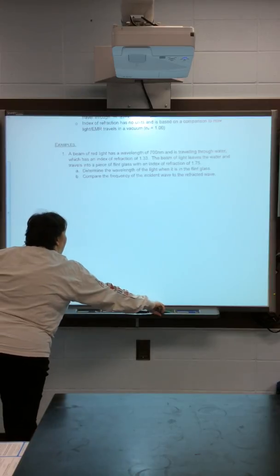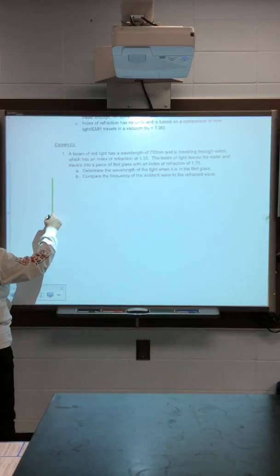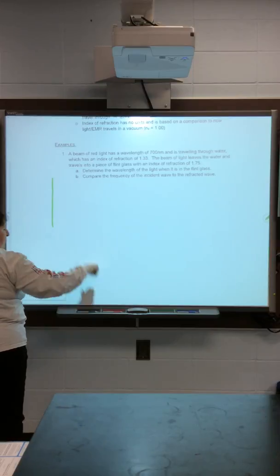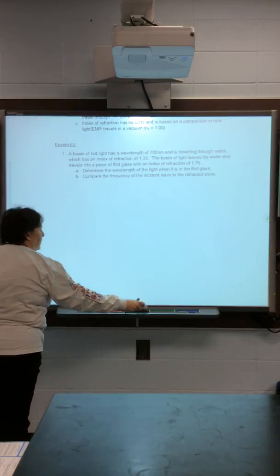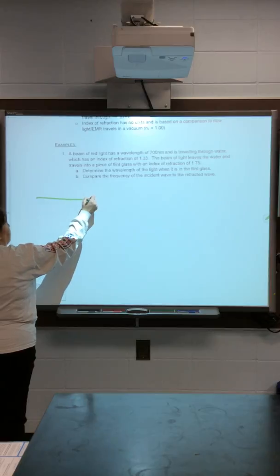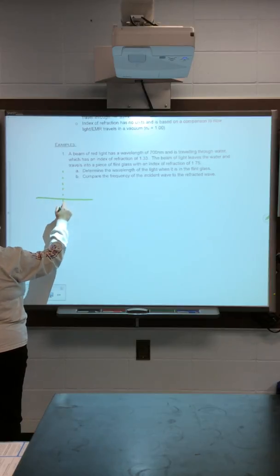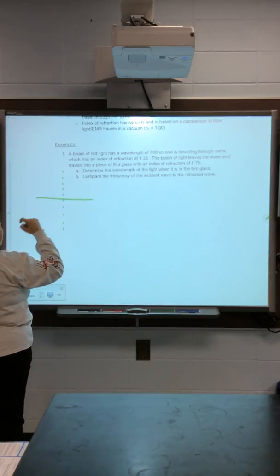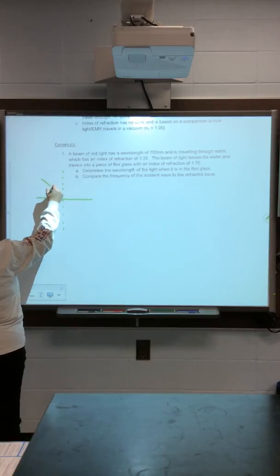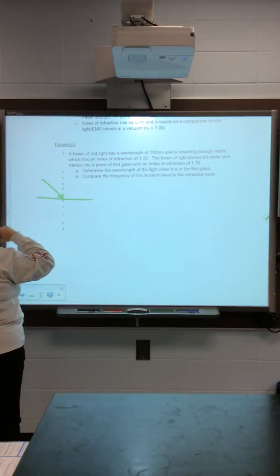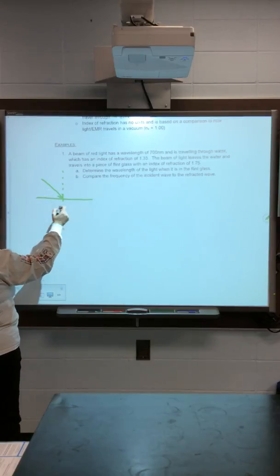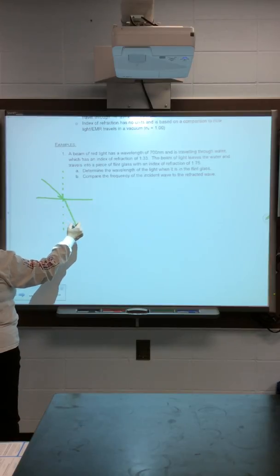So the first thing that we have to do is draw a diagram, a picture. This is the surface, and here's the line of normal. Here we have a wave, or a light ray, come in like this, and it's going to go like this.